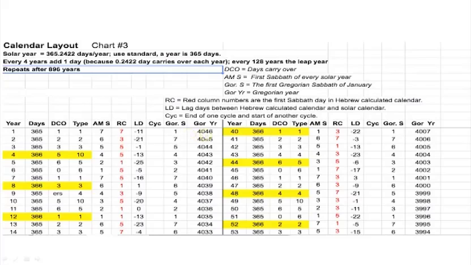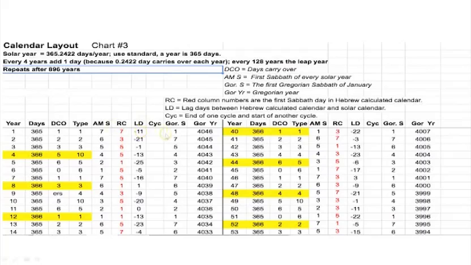When I went back, we recognized that that year should be 4046 BC. By doing the math work, that's what you'd find, and you'll see how this works out. Now, here is the first Sabbath of the Gregorian calendar. It was on the 1st of January. Well, the 1st of January didn't really exist at this time. So we can't really count that.